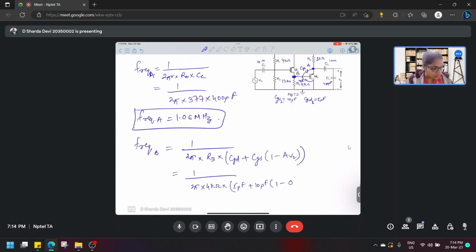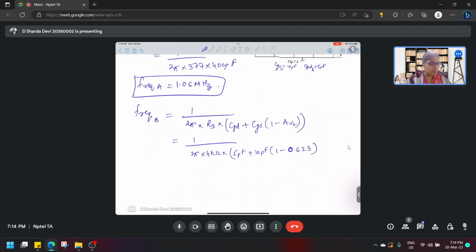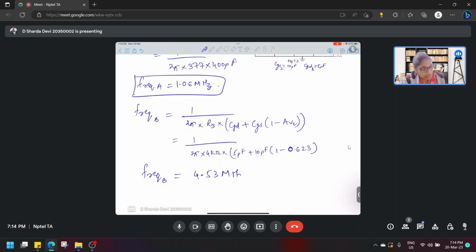So 1 minus 0.623 is 0.4, and 10 times 0.4 is around 4 picofarad. So the frequency at node B will turn out to be 4.53 megahertz.